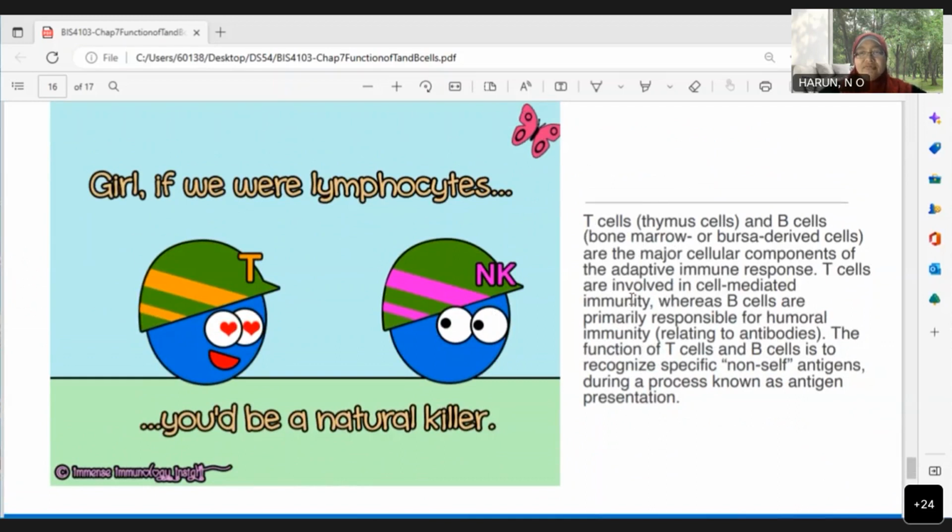The T cells are involved in cell-mediated immunity, whereas B cells are primarily responsible for humoral immunity, which relates to the production or the release of antibody. The function of T cells and B cells is to recognize specific non-self antigens during a process known as antigen presentation. So this is their task, for these two cells in the body.